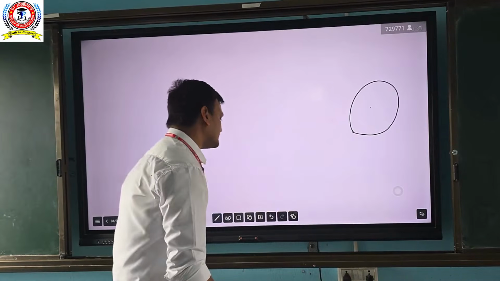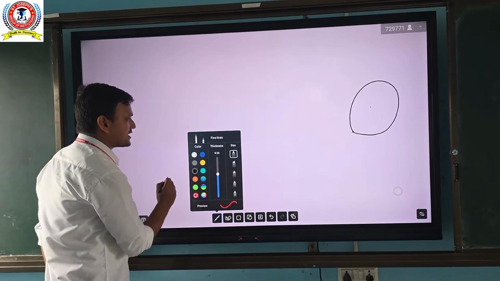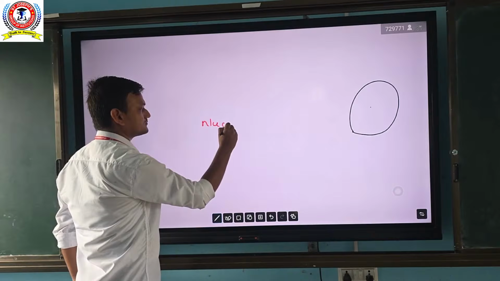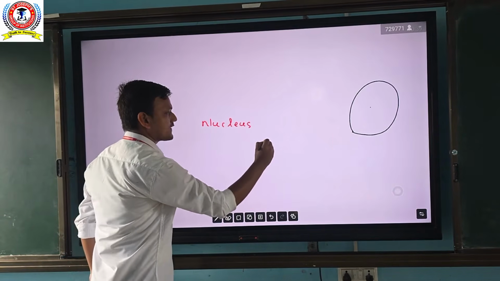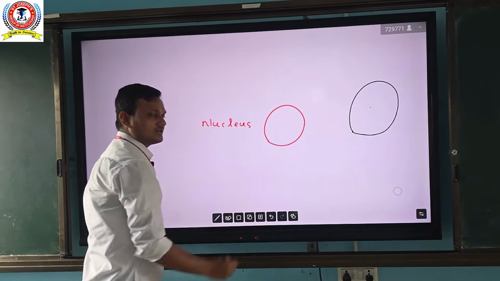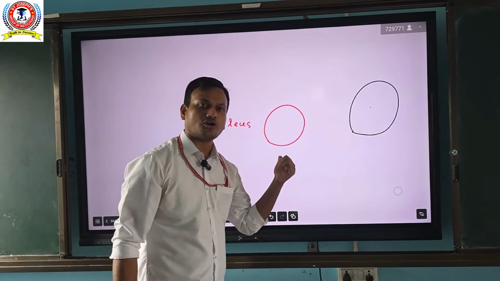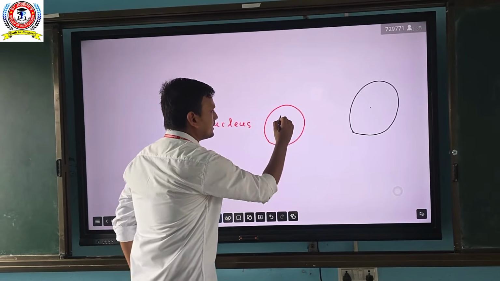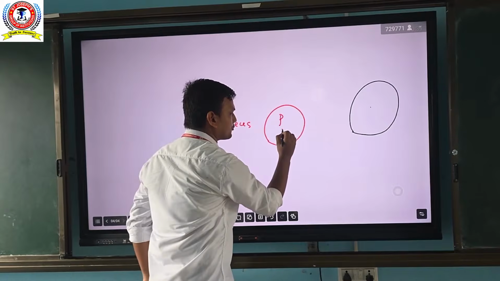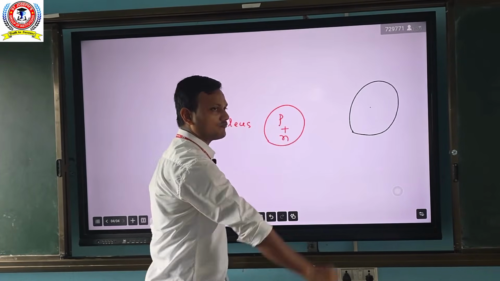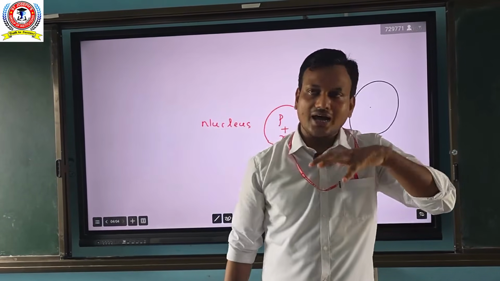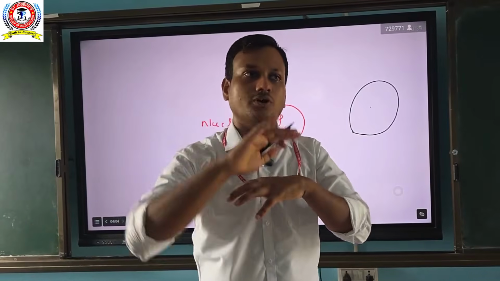Okay, now see in the structure. For example, suppose this is a nucleus, and inside the nucleus proton and neutron are present. I represent P for proton and N for neutron, and around the nucleus electrons revolve.